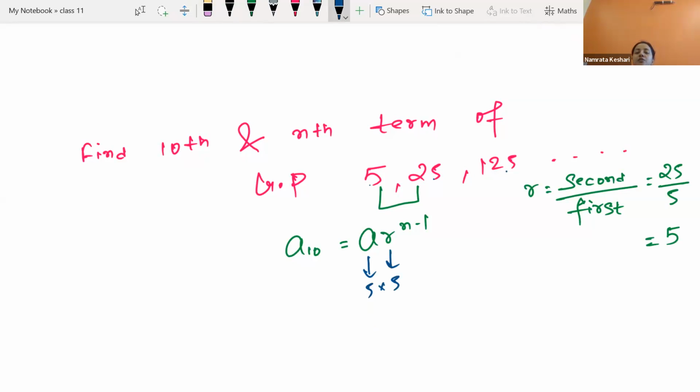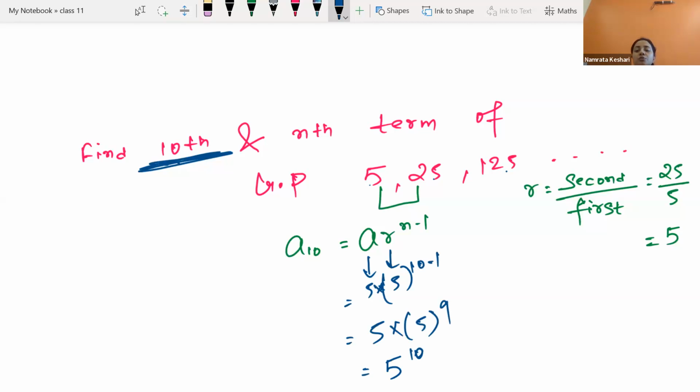And n minus 1, which term do we want to find? The 10th term, so 10 minus 1. First we will solve the exponent, so 5 to the power 9, times 5. Now you can write it directly as 5 to the power 10. This way we can leave our answer.